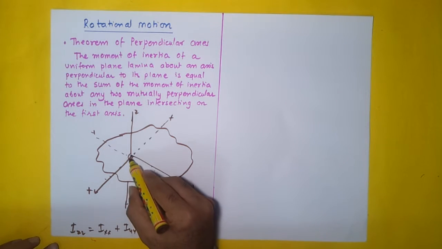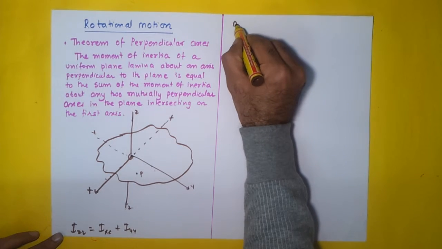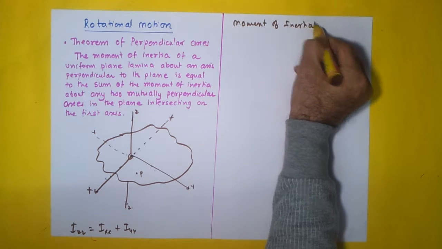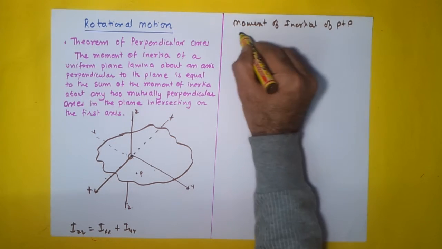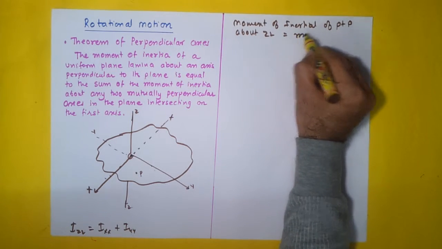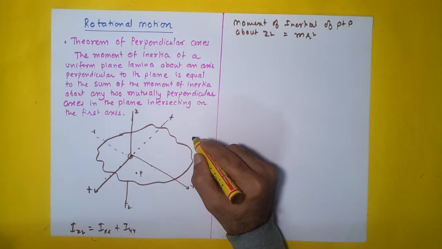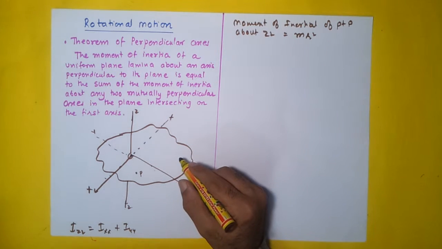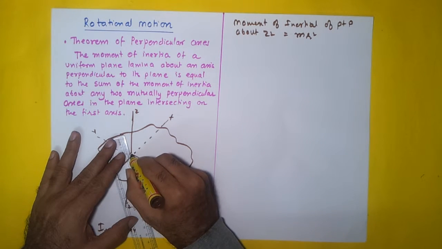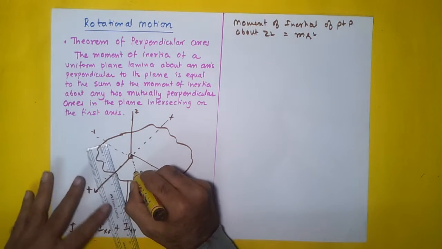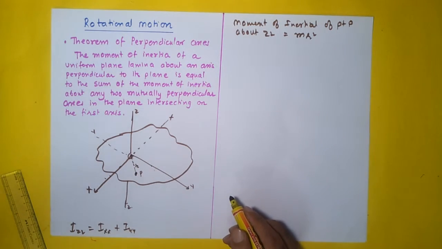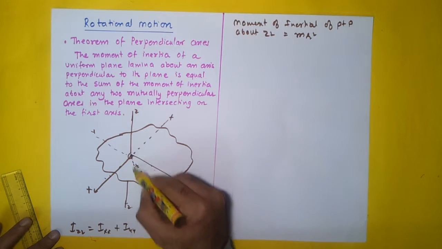Then the moment of inertia of point P about the ZZ axis will be given by mr square, where let us show the distance r over here. Let us say this distance is r, this is point P, this distance is r. It will be mr square, mass into the distance from the axis.